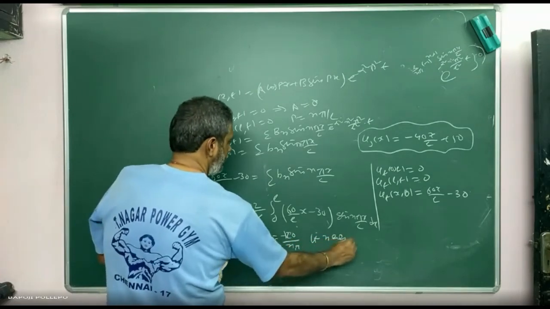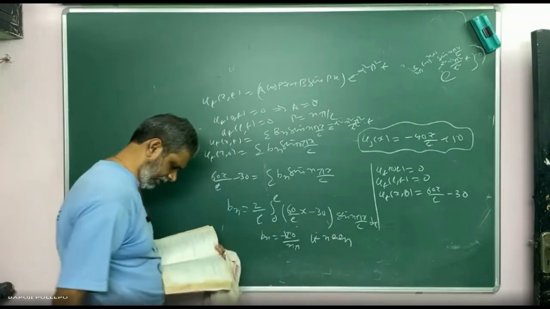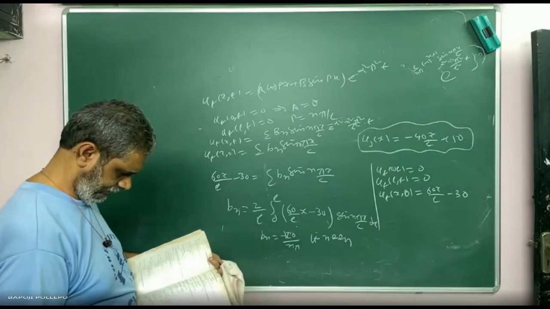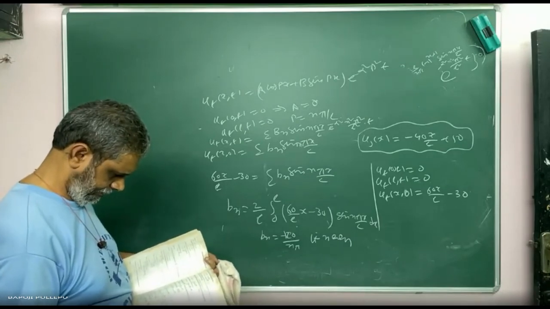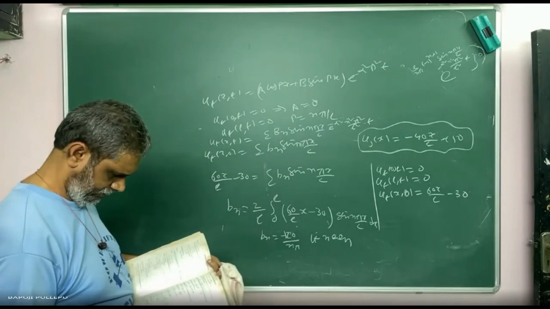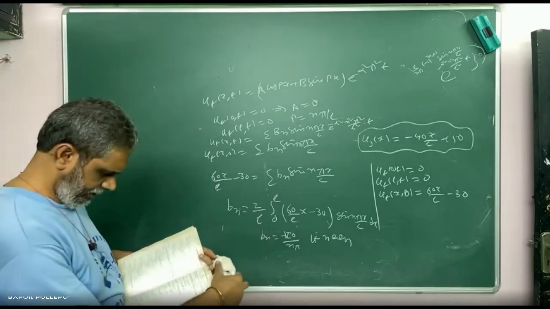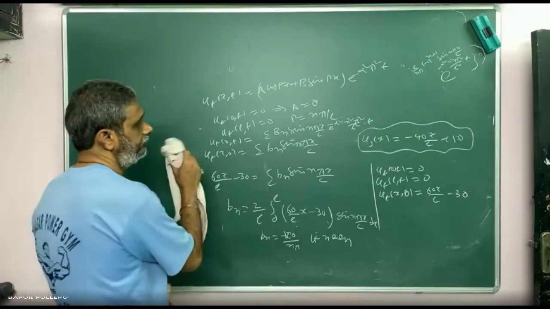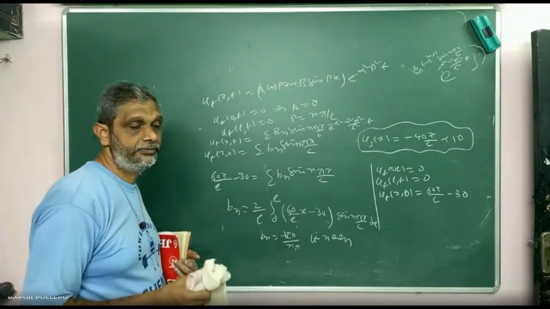In every problem before, n was odd only. Now n is even. Correct? Any doubt? This you can simplify. Now the ut of x comma t solution you can take here above. Sir, clear?